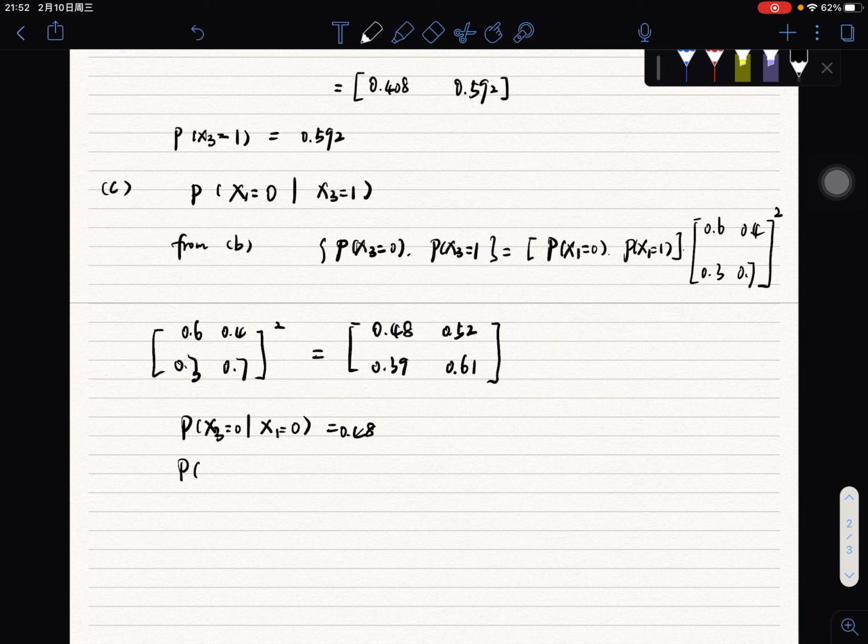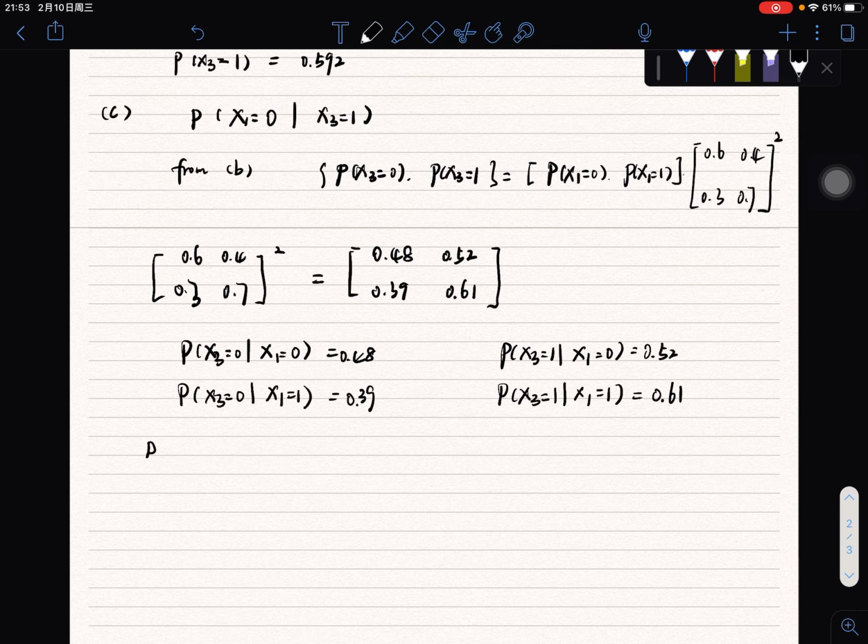The probability of x3 equals 0 under the condition of x1 equals 1 is 0.39. The probability of x3 equals 1 under the condition of x1 equals 0 is 0.52. The probability of x3 equals 1 under the condition of x1 equals 1 is 0.61.